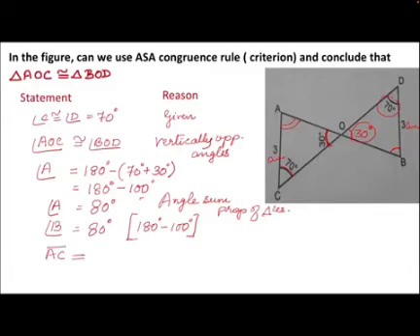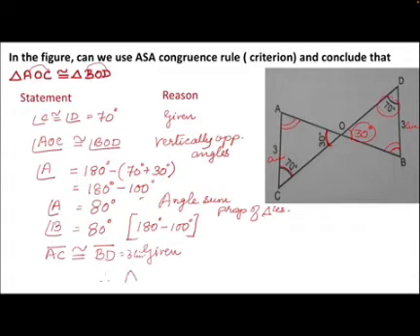AC is congruent to BD. Check the order. A and C, B and D. Okay, so AC and BD are congruent to each other. Again, it is given. They each measure 3 centimeters.